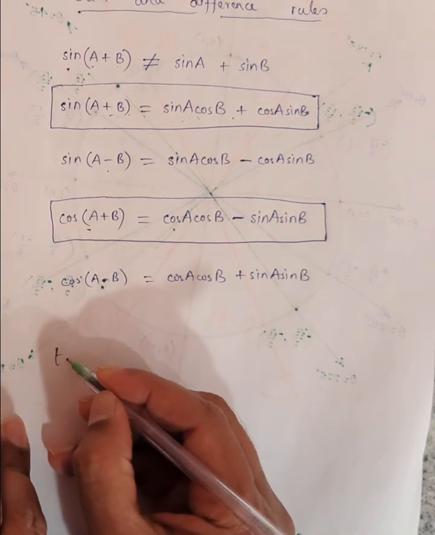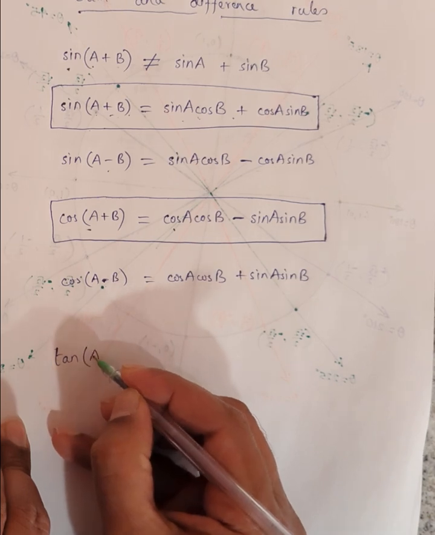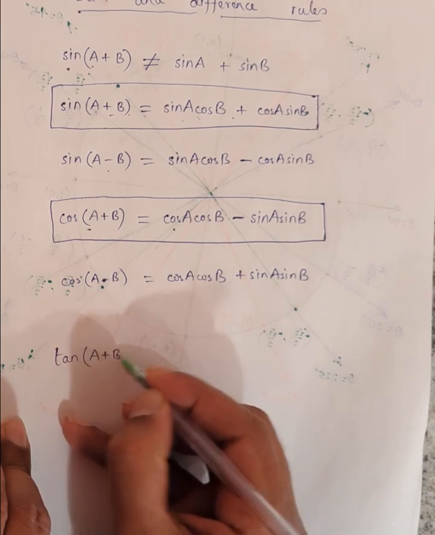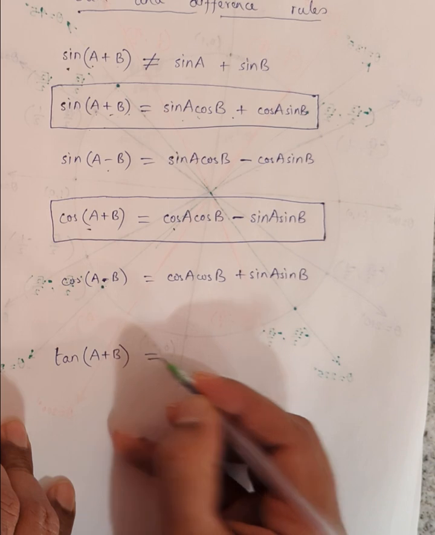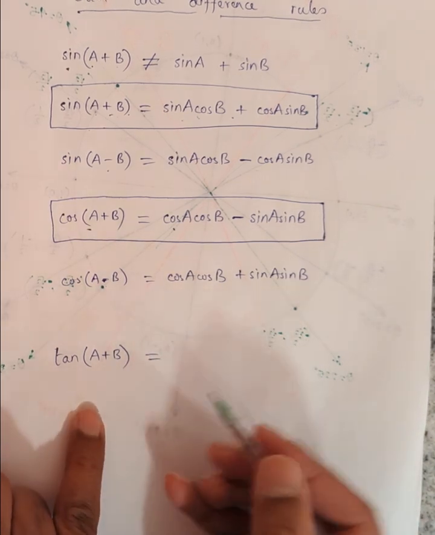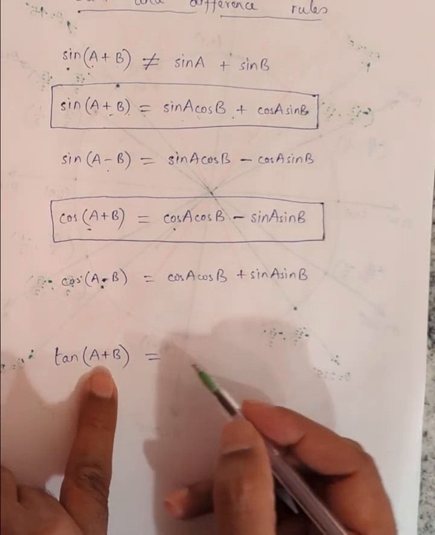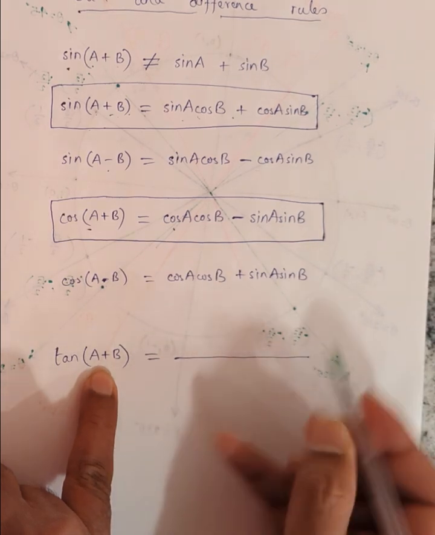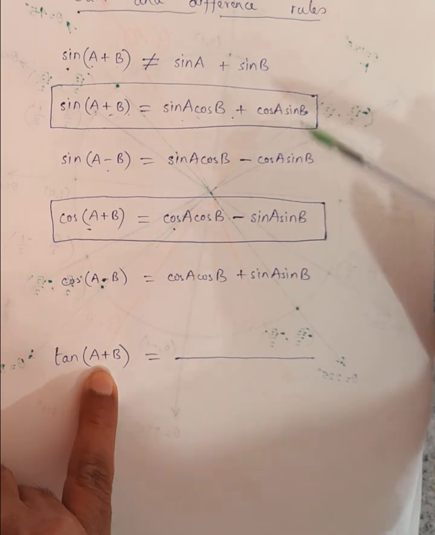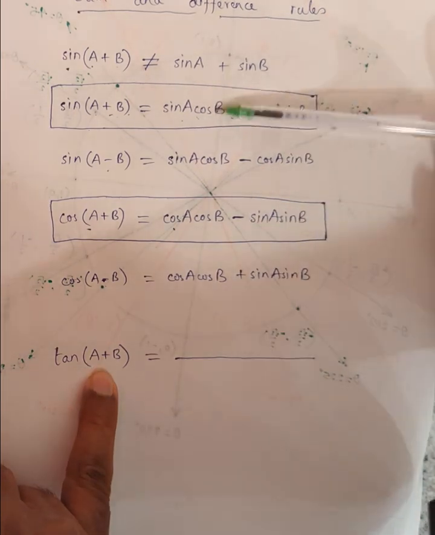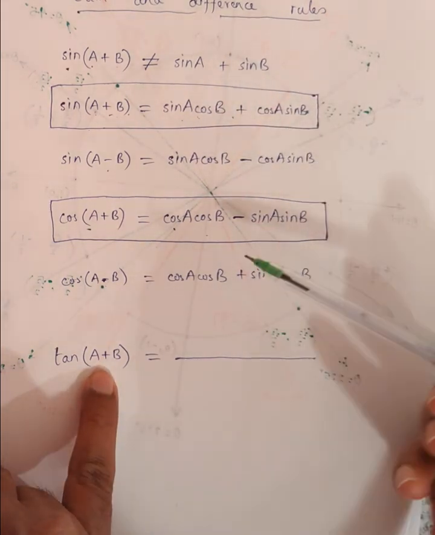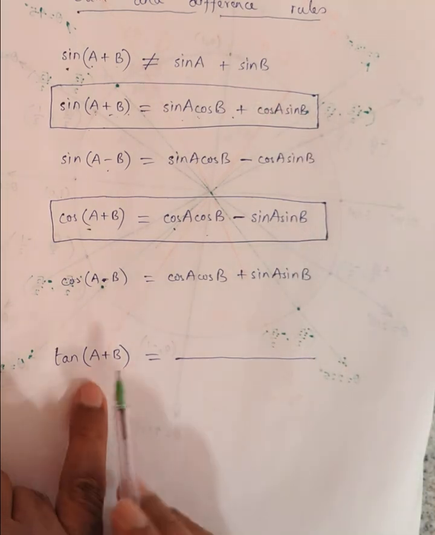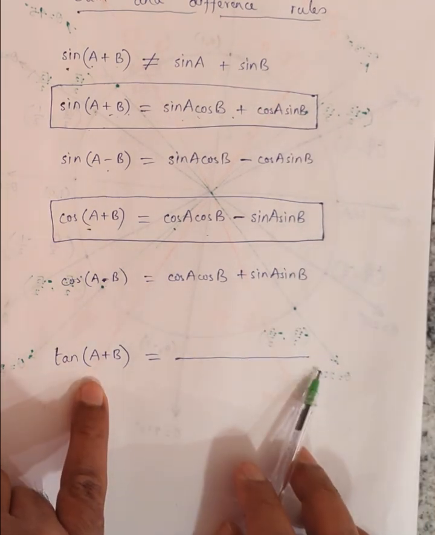And now let me write down the identity for tan of A plus B. If you have to do tan of A plus B, then it's a fraction. So unlike sine of A plus B and cos of A plus B, where it was not a fraction, there was no numerator or denominator, here it's going to be a fraction.